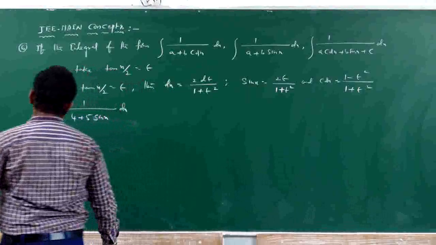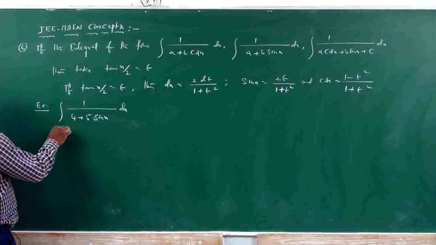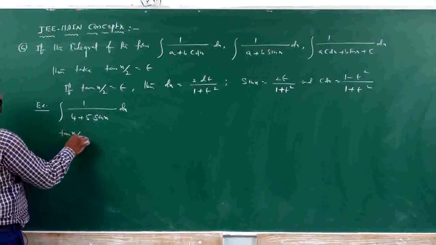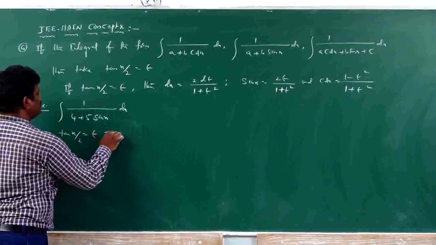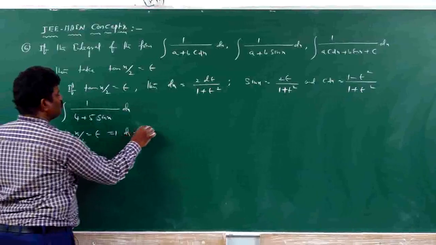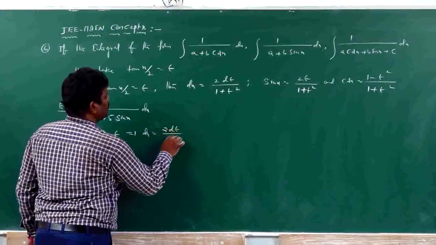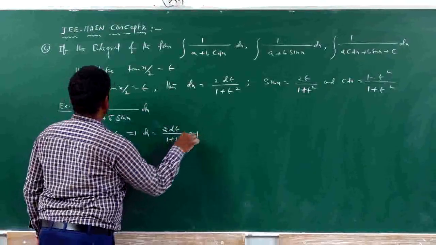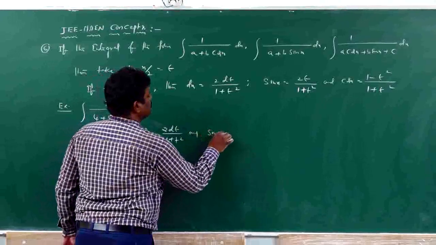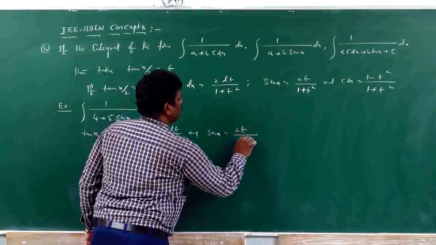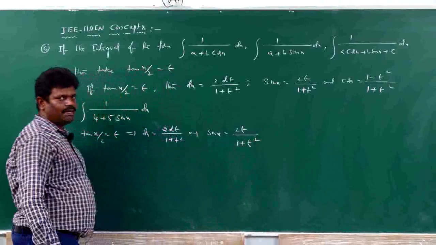For this type of question, first we take tan x by 2 is equal to t, that implies dx is equal to 2 dt by 1 plus t square, and sin x is equal to 2t by 1 plus t square.